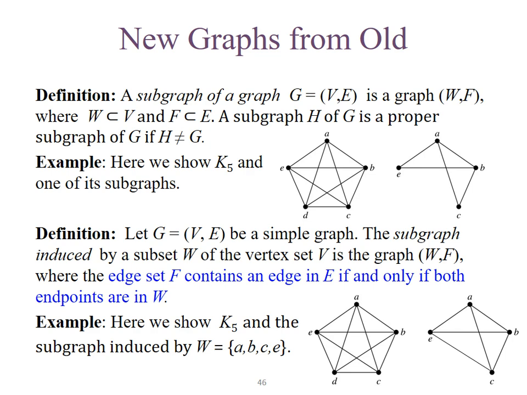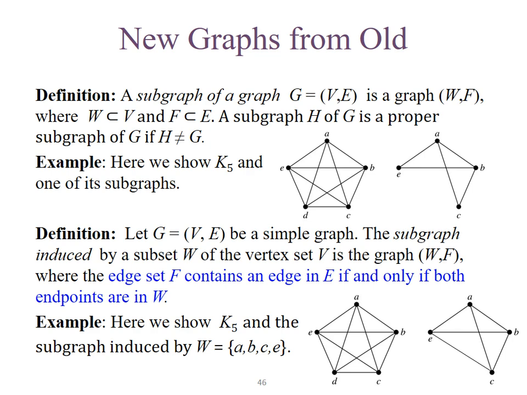All right. Lastly, we have new graphs from old, how to build new graphs from the current graph. We call those subgraphs. If we have the graph G, then a subgraph (W, F), where W is a subset of V and F is a subset of E, is a subgraph of graph G. Next we have a complete graph defined.